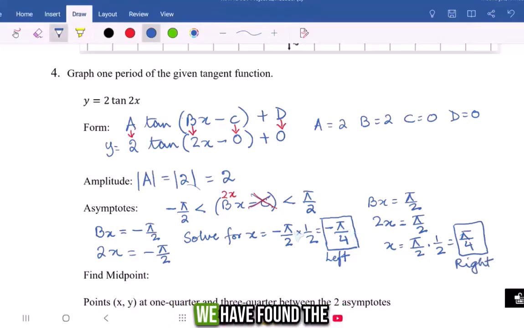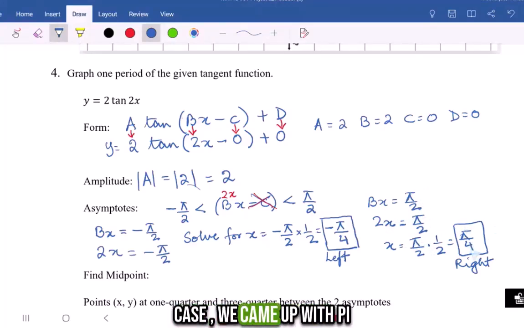All right, so we have found the position of the two asymptotes. Again, the way of doing that is to equate bx to negative pi over 2 for the left-hand side asymptote, solve for x, and you will get the left-hand side asymptote. For the right-hand side asymptote, make bx minus c equal to pi over 2 and solve for x.